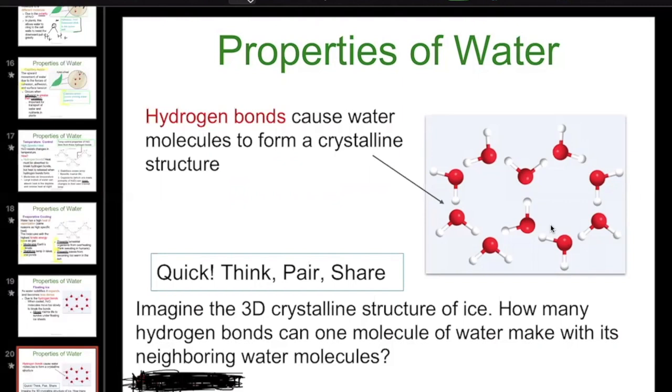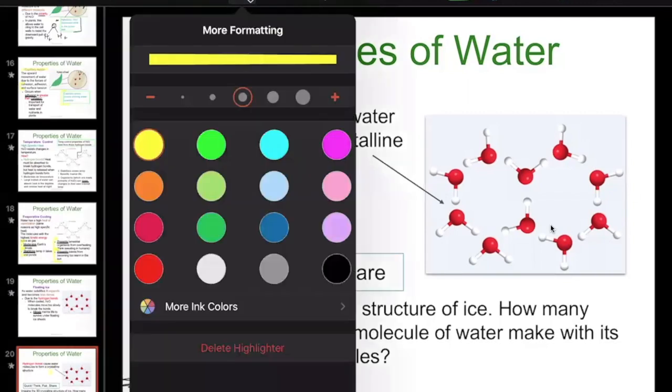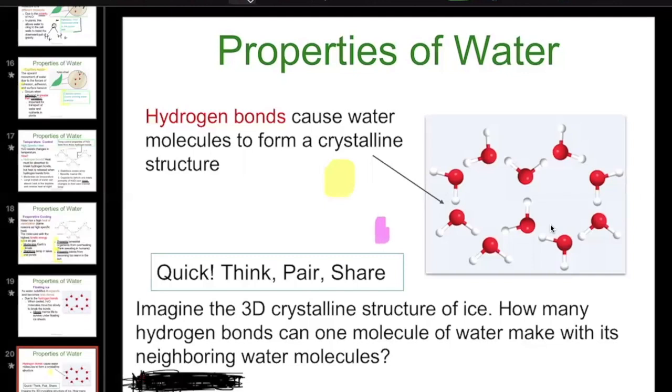How many hydrogen bonds can one molecule of water make with its neighboring water molecules? Okay, think about that for a second. We have oxygen. Let's do another color. We'll do hydrogen, and they're bound together.